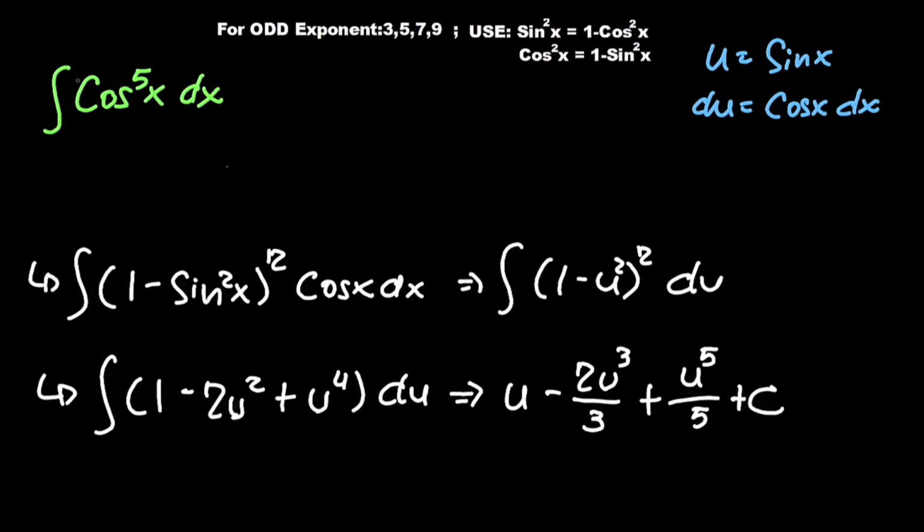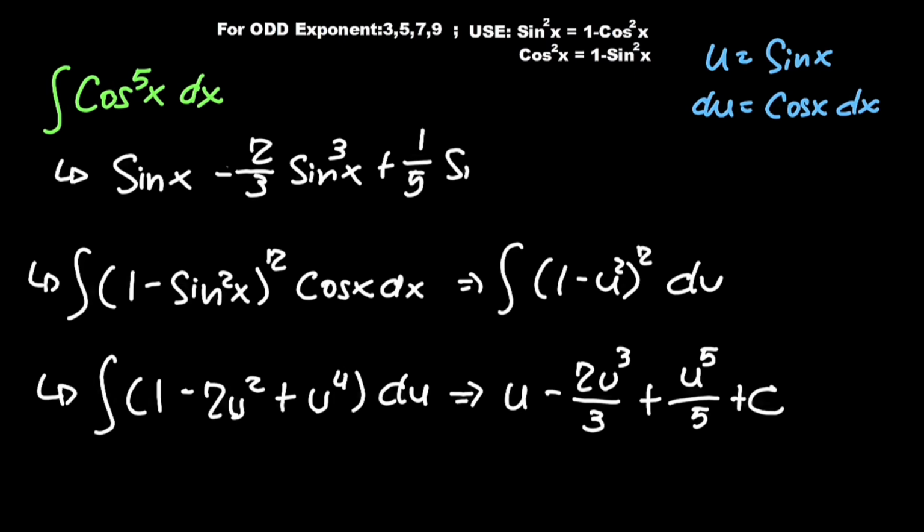And put back u. So the final answer would be sine of x minus 2/3 sine cube of x plus 1 over 5 sine to the power of 5 of x plus c.